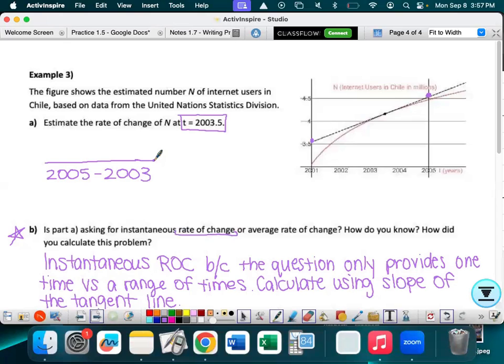So maybe it's not too far above. So maybe I would say like 4.55. Minus, and then at 2003, we're at 3.5 here, and then that's 4. So like 4.75 is here. It's really not too far past 3.5, so I think I might go with 3.55 again.